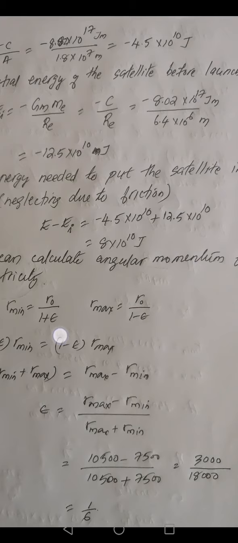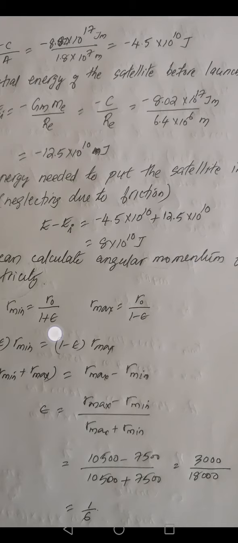Therefore E minus Ei is equal to minus 4.5 into 10 raised to 10 plus 12.5 into 10 raised to 10, that is equal to 8 into 10 raised to 10 joule. So this much energy, 8 into 10 raised to 10 joule, is required to place the satellite in the elliptical orbit.